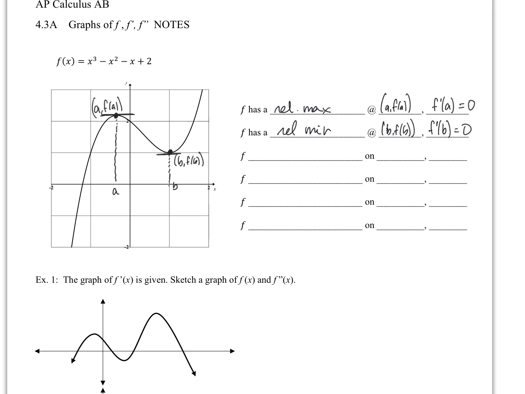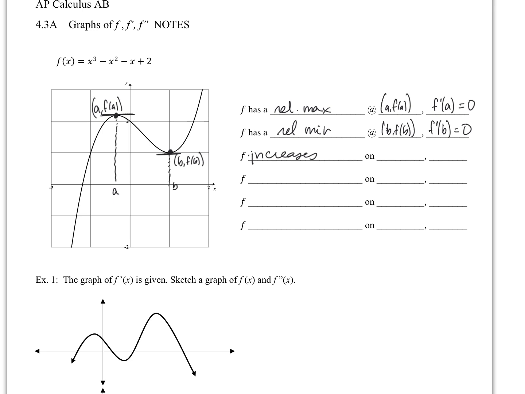Okay, so now we are going to talk about when the slope is positive. Because we're talking about positive, we're going to say that f increases. It is increasing, it is rising from left to right. This is where, if this was a roller coaster, you would be climbing.